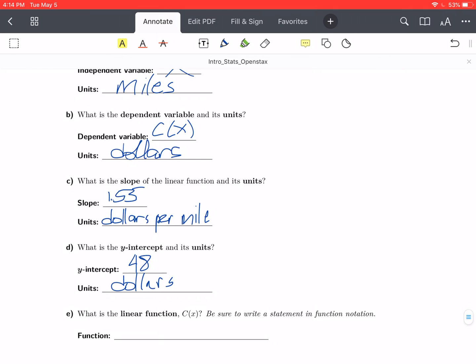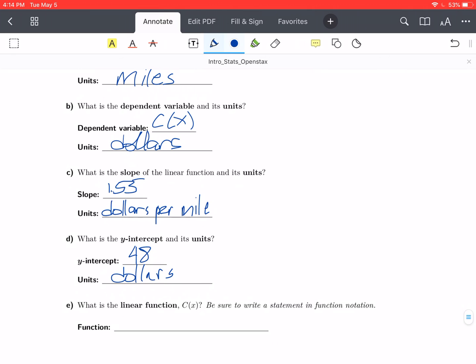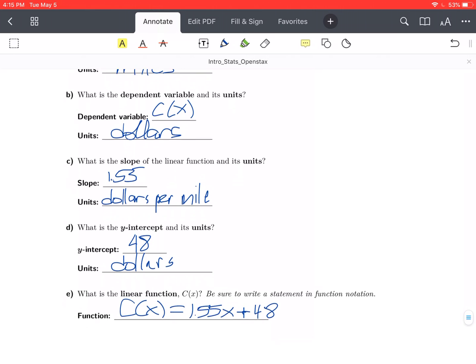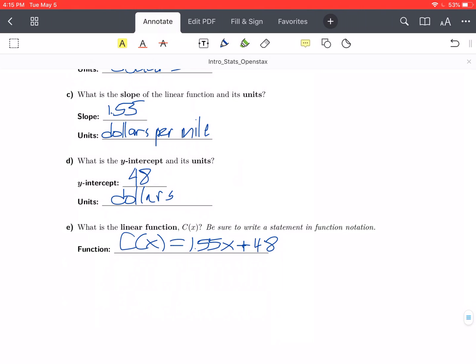So for the linear function, we have the cost, C of x, equals $1.55 times the number of miles we drive, plus the $48 that we're going to spend regardless of how far we drive. So this gives us the function notation for this linear expression.